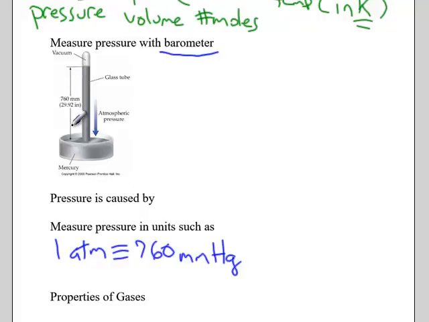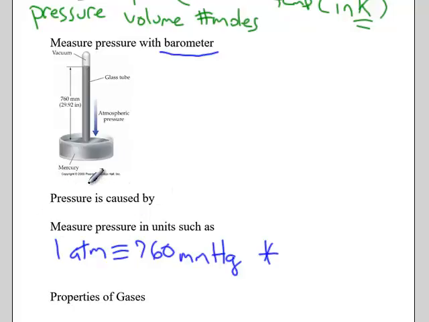If you use water, you can do the same kind of experiment, but the water being less dense, you need a much larger tube for that pressure difference. There are many more units of pressure, for example, pounds per square inch, which is how you measure the pressure in automobile tires. Many more units of pressure are on your formula sheet.